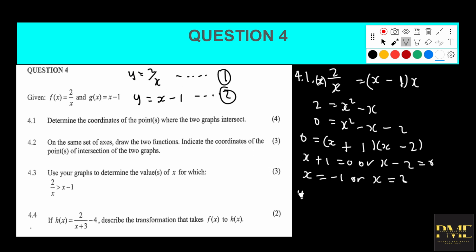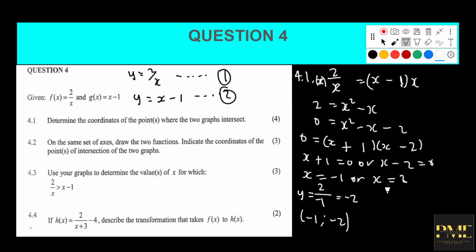So I'll have y equals, where I see x I'll substitute -1 to find what y is when x is -1. So I'll have 2 divided by -1, and then my y in this case will be equal to -2. So in other words, when x is -1, y is -2.